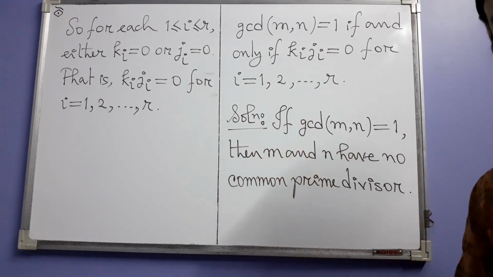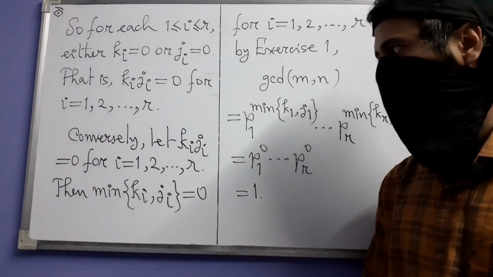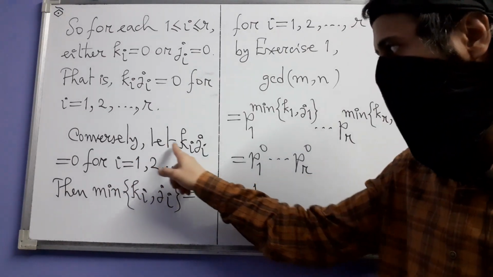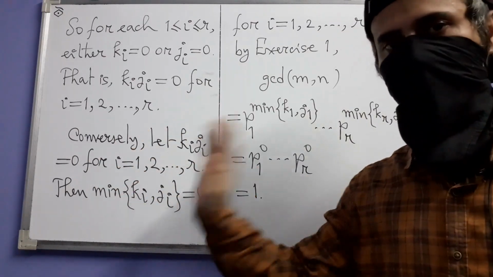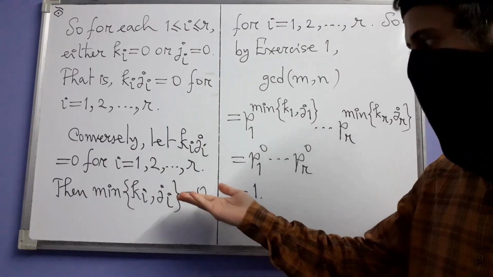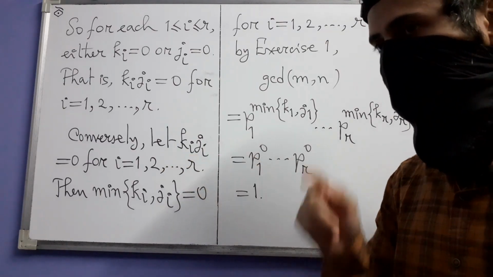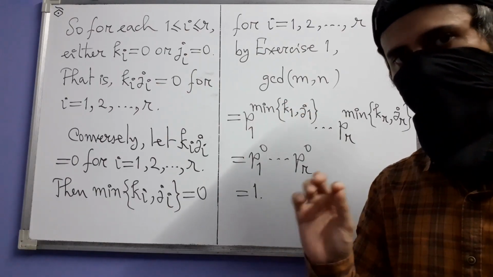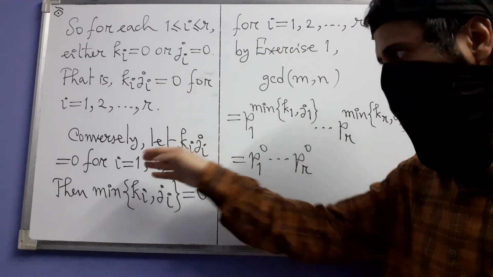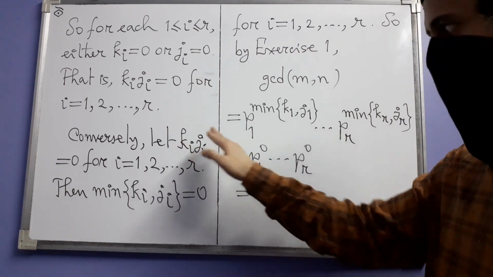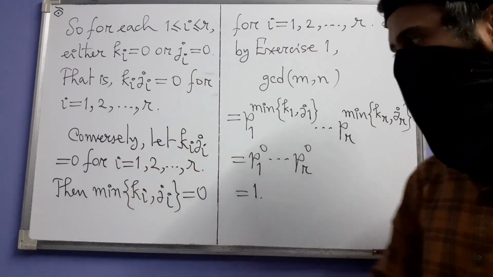Now let's prove the converse. Conversely, let ki ji be 0 for all i. Then I forgot to write that one more line will be there. Then either ki is 0 or ji is 0, because then only the product will be 0. If both are non-zero, then the product is non-zero.